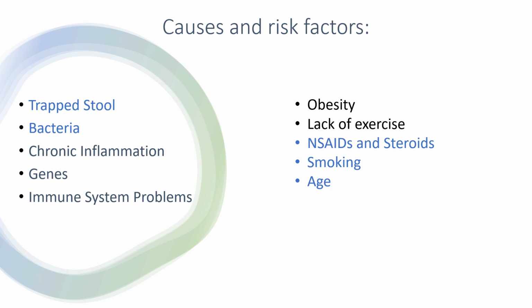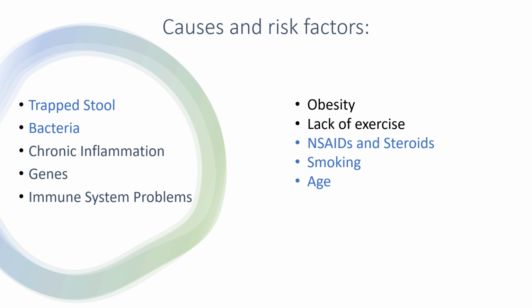Some of those causes are trapped stool, bacteria in our gut called the microbiome that helps with digestion, chronic body inflammation, and genes. It's hereditary, diverticulitis is. Immune system problems such as certain types of autoimmune disease, for example, Crohn's disease.